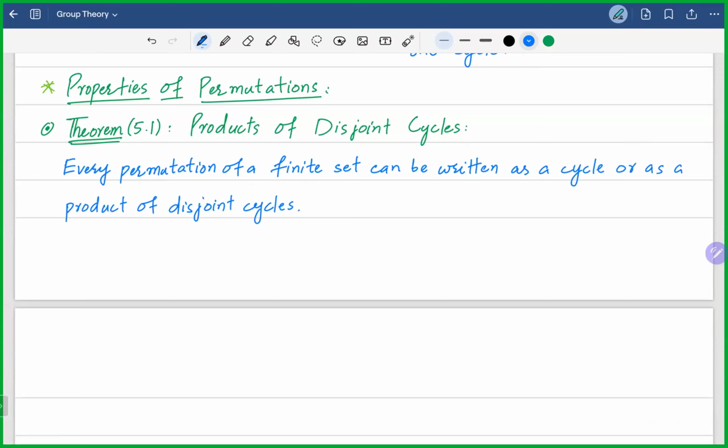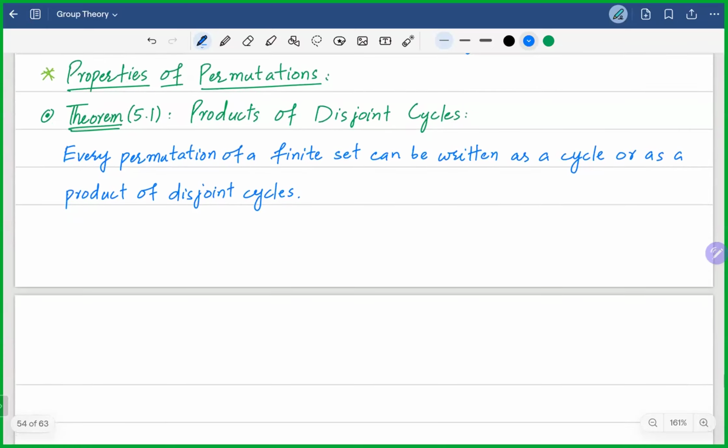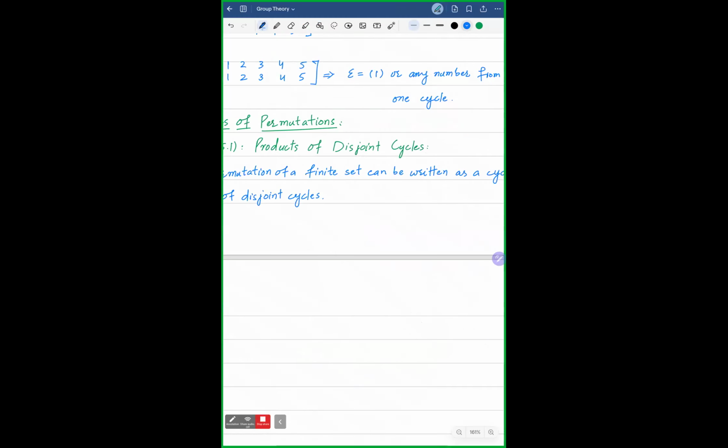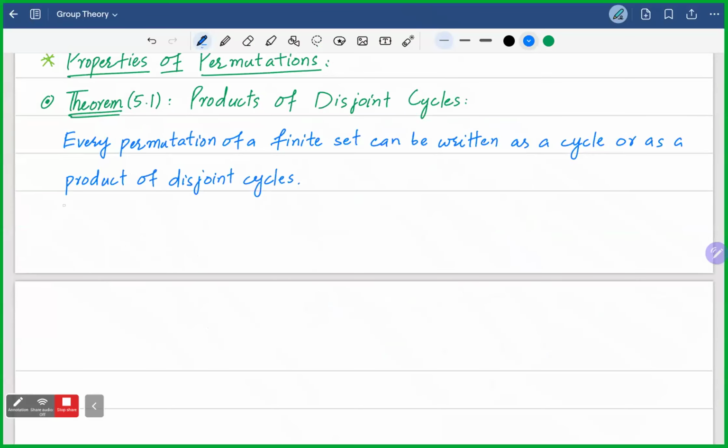Now, this is a very important and very useful result, and I would like to prove it. So, let's present the proof. The proof says: let alpha be a permutation on the set.